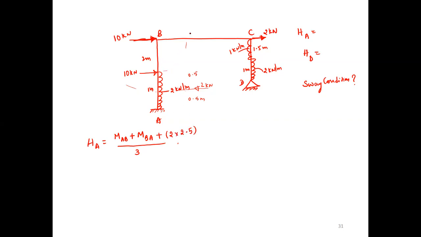But this is rotating anti-clockwise. Minus 10 into 2. How much are you getting? Minus 15. So you are getting MAB plus MBA. This is 2.5 into 2 is 5. So minus 15, right? Minus 15 by 3.